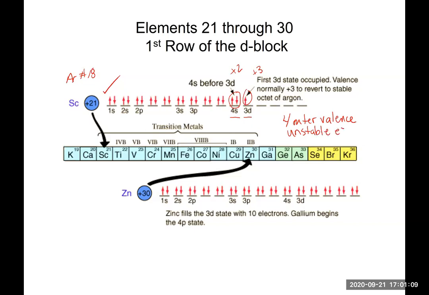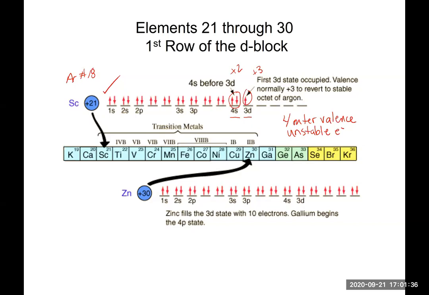So they will come out of 4s before they will come out of 3d, because the 4s electrons have more energy. They are in the highest energy level. They are the furthest away from the nucleus, the greatest distance from the nucleus. So they are the most energetic, and therefore they are the least stable.